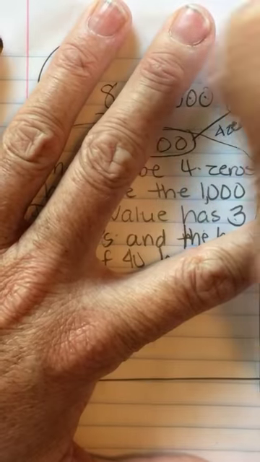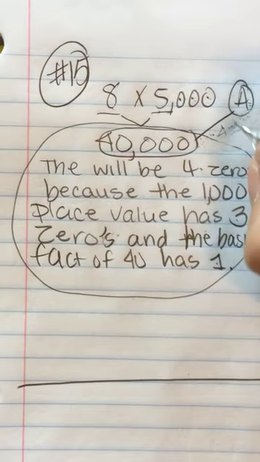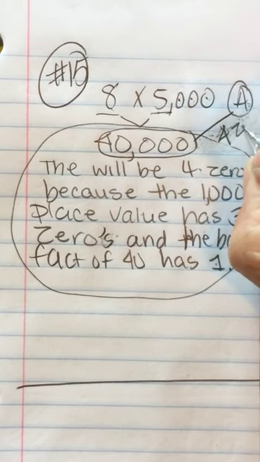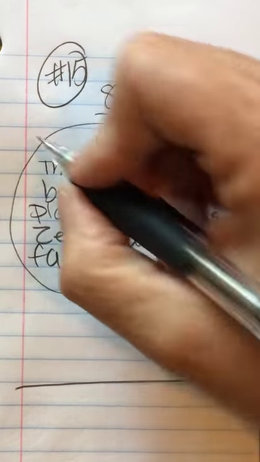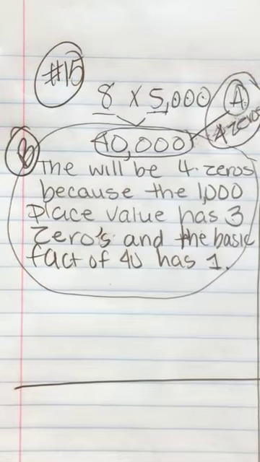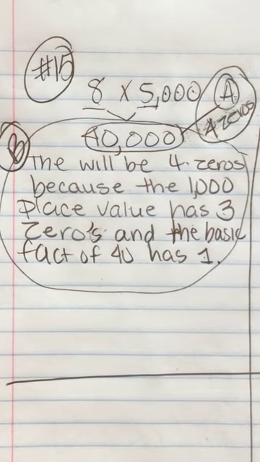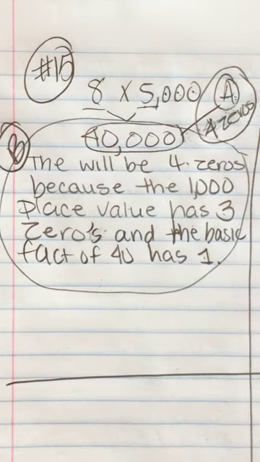And then this part is B. Okay, so that's how I would do that, so I don't get confused. You see, just reading it, I got confused myself, but we worked it out together.